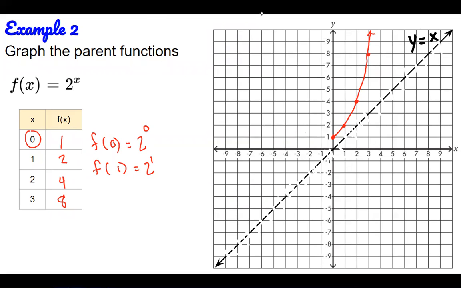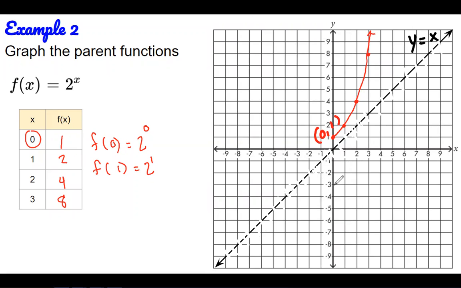Now, if it's being reflected, what do you think is going to happen to these values? They're going to reverse. So for example, let's say that this coordinate right here was (0, 1). What would its reflection be according to this line, y equals x?